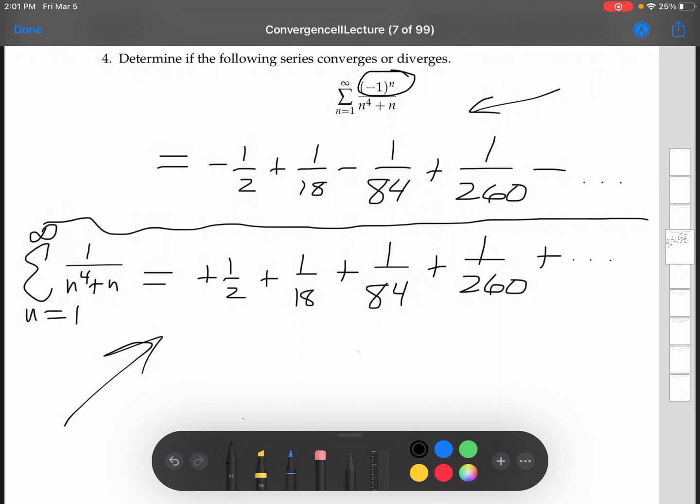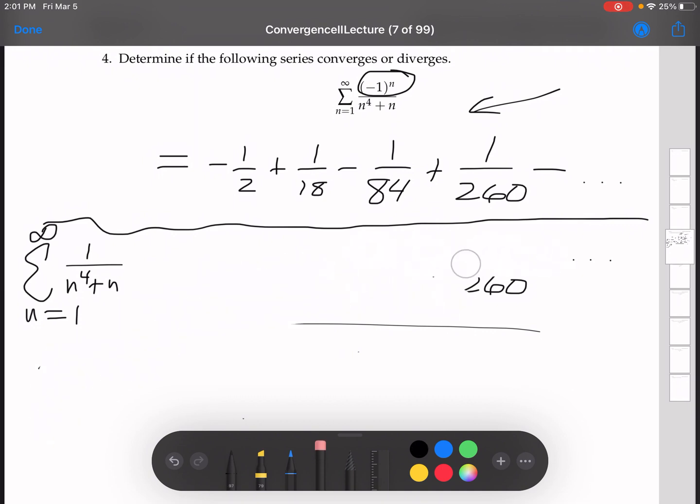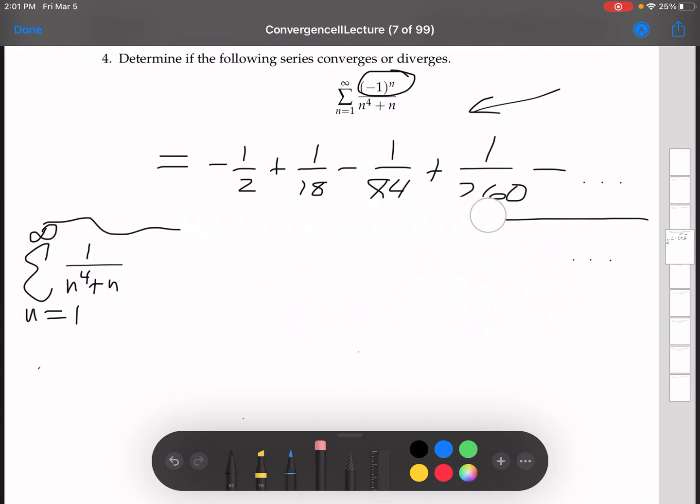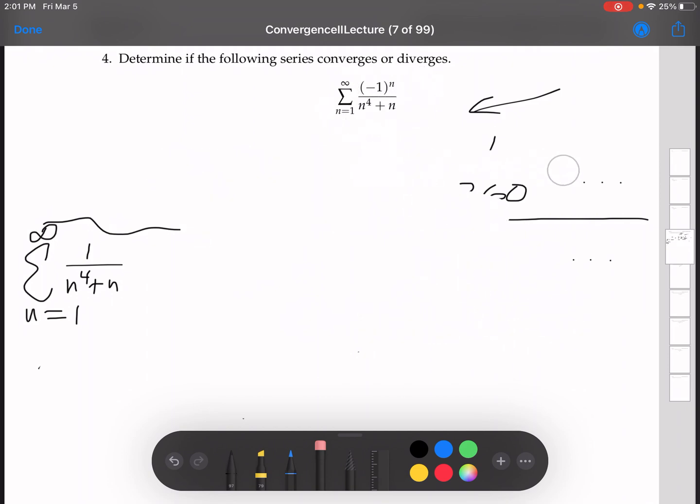You just make the negative 1 to the n into a 1 to make it into all positive terms. All right, so now we need to decide whether or not this series converges. And if it converges, then we know that the original series converges.